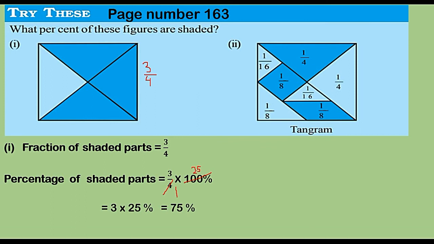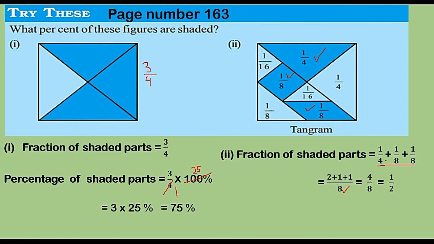Easy it was. But the second one doesn't seem so easy. Let us see how to solve that. Fraction of shaded part. Here if you see, shaded parts are 1 upon 4, 1 upon 8, 1 upon 8. If I add them, first I need to make the denominators the same. LCM of 4, 8, 8 is 8.